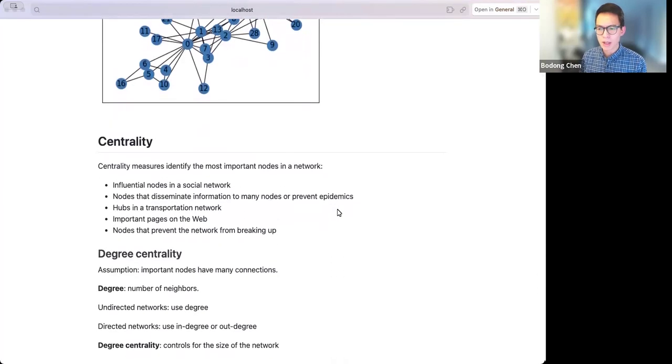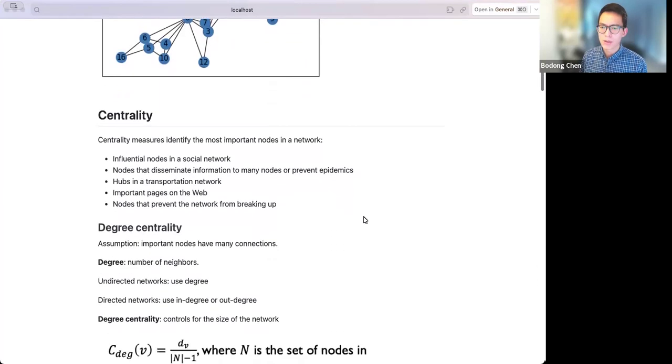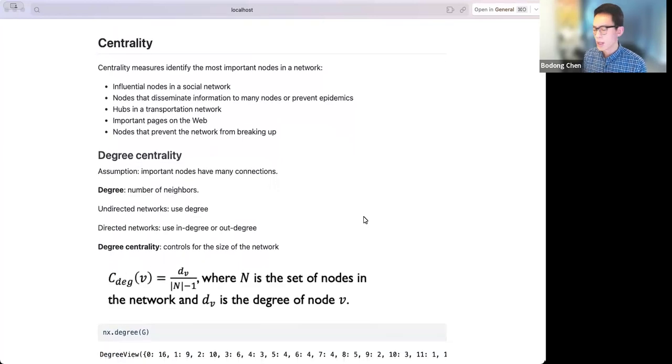As we think about node importance, one of the most important ideas in social network analysis is centrality. Centrality measures can be used to identify the most important nodes in the network. As I mentioned, there could be many examples. Just to add a few more: we can think about hubs in a transportation network or in a computer network.